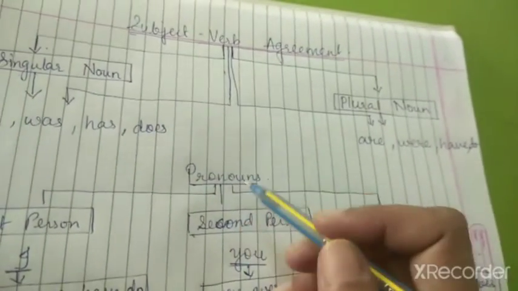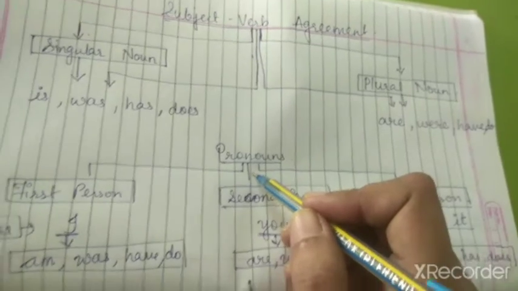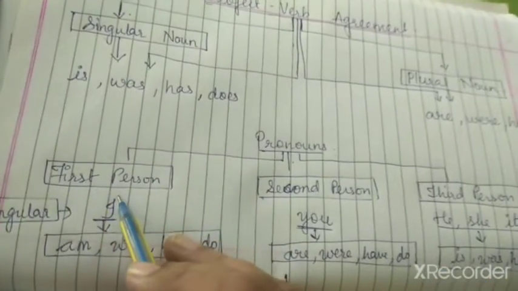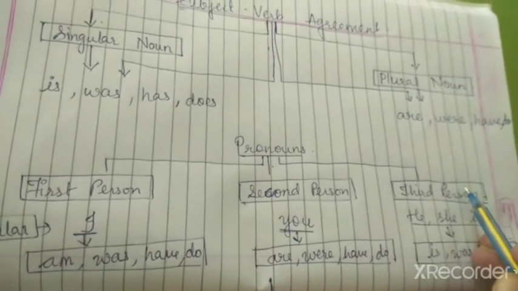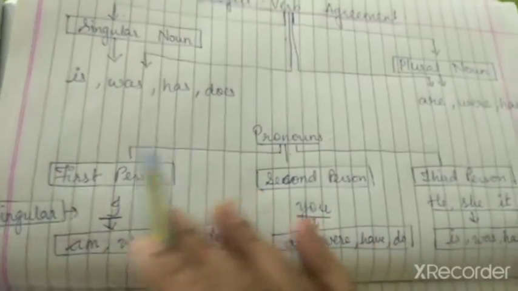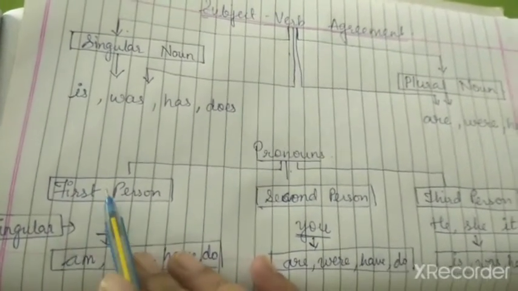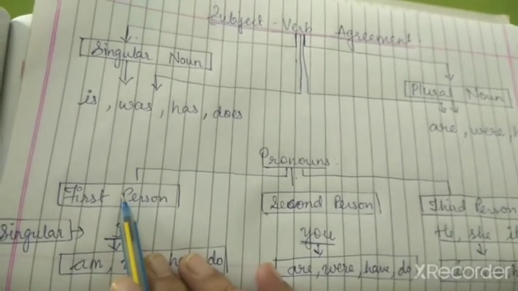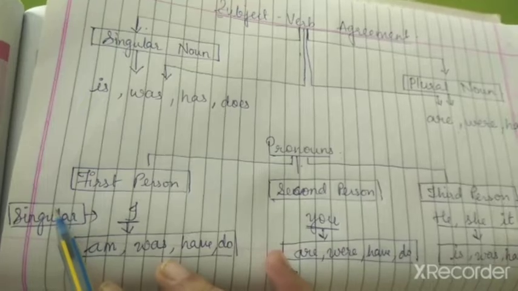Then when we move to pronoun, when the subject is in the pronoun form, we have to see the first person pronoun, second person or third person. So according to this we have to write the verb. Okay, so now when the pronoun is in the singular form, you have to see that first.